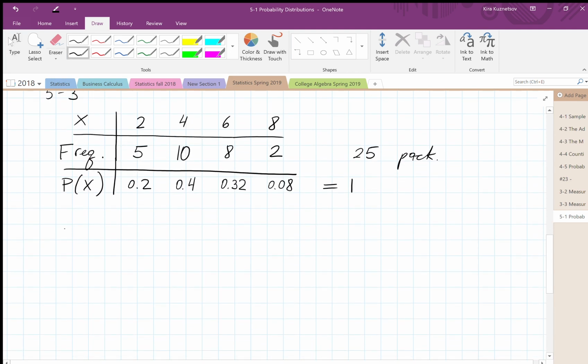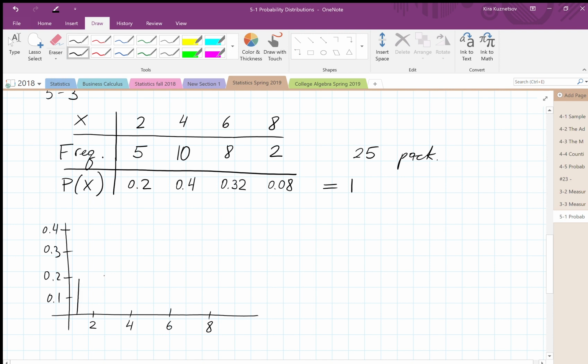And what I can do is I can draw this out. 2, 4, 6, 8. I don't need frequencies, I need probabilities. So notice the highest one is 0.4, so maybe go by 0.1s, so 0.1, 0.2, 0.3, that way you can see the distribution.